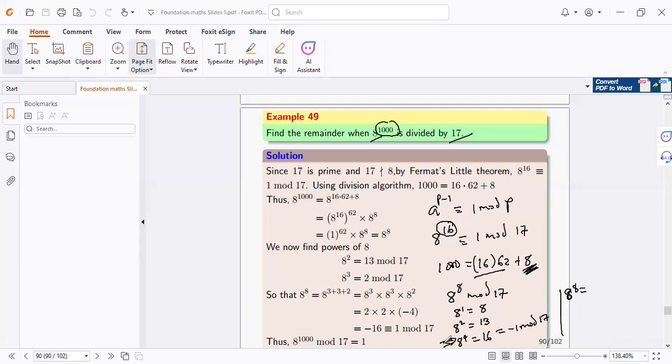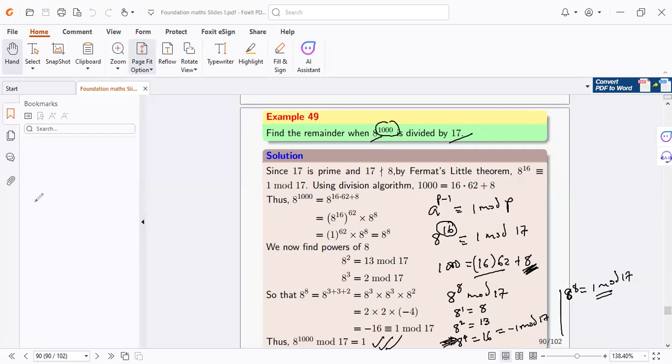I'm using the fast powering algorithm, so square this. Squaring -1 is just 1. So the remainder when 17 is divided into this number is 1. 1 is the answer to that question.